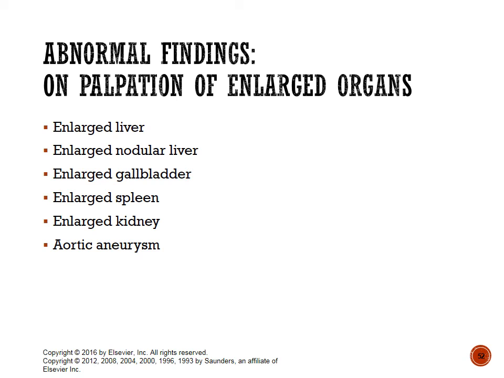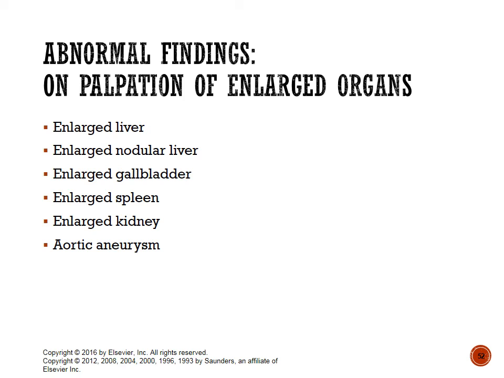Now for palpation, what we're probably feeling are enlarged organs or an aortic aneurysm, which we really don't want to palpate. And you can see images for those starting on page 573. That enlarged liver is going to come down well below the rib cage, and also the enlarged nodular liver, and it's not going to feel nice and smooth.